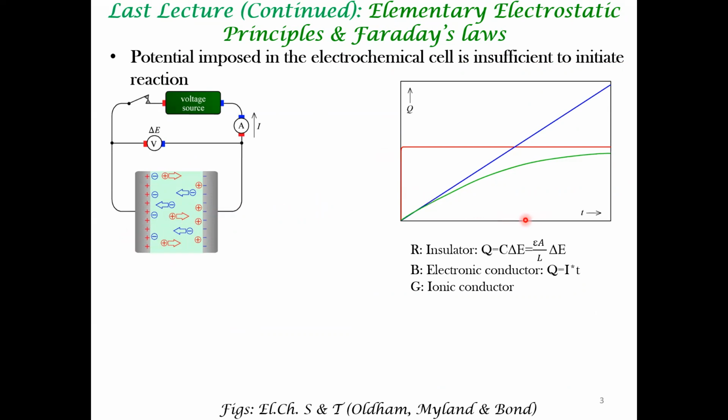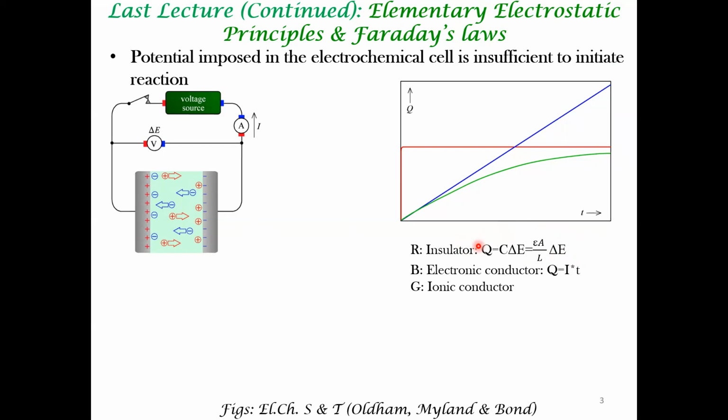Because you impose a potential, just at that moment there is a finite current, and that finite current would have accumulated charge in the metal plates. That's what happens when you have an insulator between these two metal plates. The charge accumulated is given by certain equations from your classical electrostatic literature.